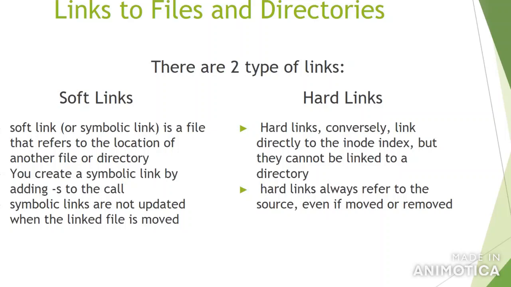So when users manipulate the link, that doesn't change the original file. That's why a lot of the time we create links. Okay, there are two kinds of links: soft link and hard link. Last time I already showed you one example of a file link. So you will see a lot of file links if you go to a Linux system.